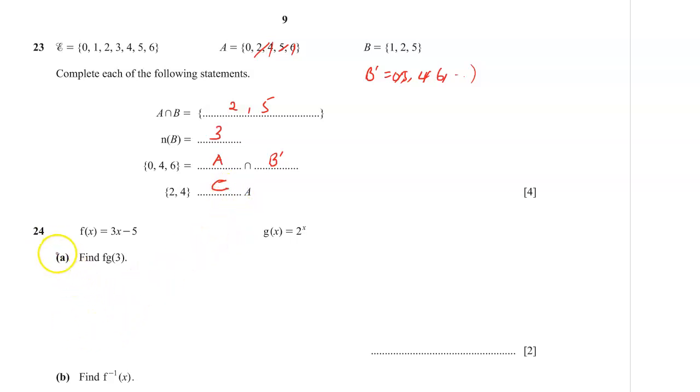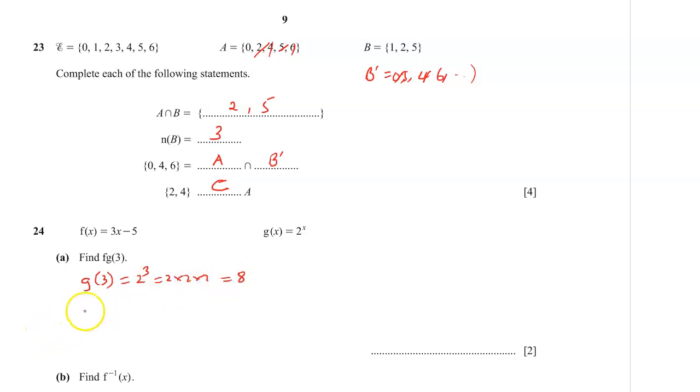Right, number 24. The function f(x) is equal to 3x minus 5, g(x) is equal to 2 raised to power x. Find fg(3). So if x is equal to 3, then g(3) becomes 2 raised to power 3, which is 2 times 2 times 2, which is 8.